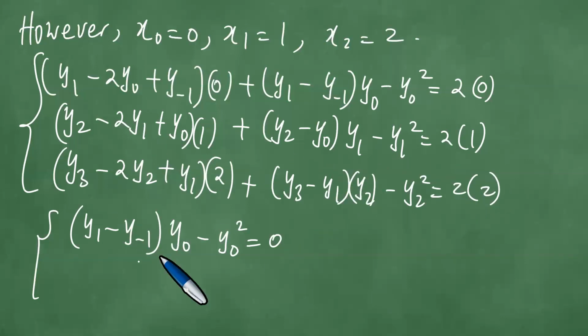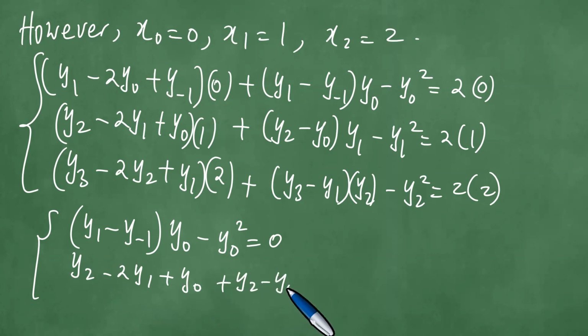And then here, you can write y2 minus 2y1 plus y naught plus y2 y naught, y1 squared equals 2.